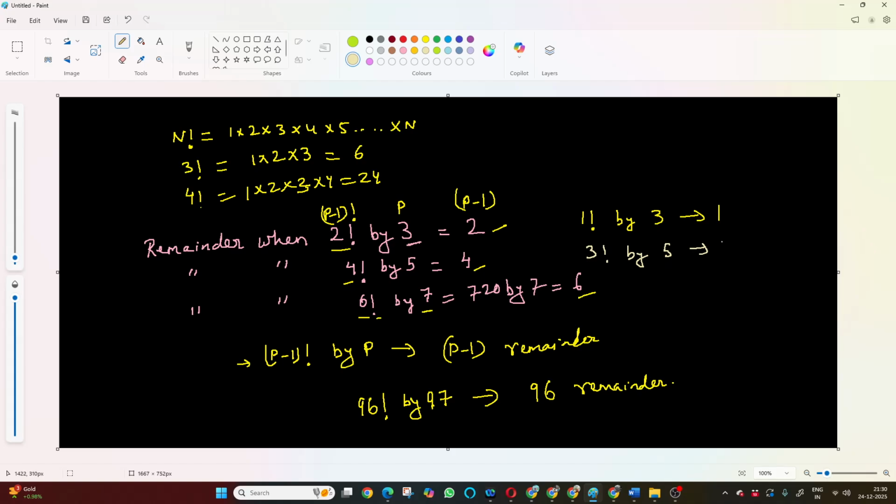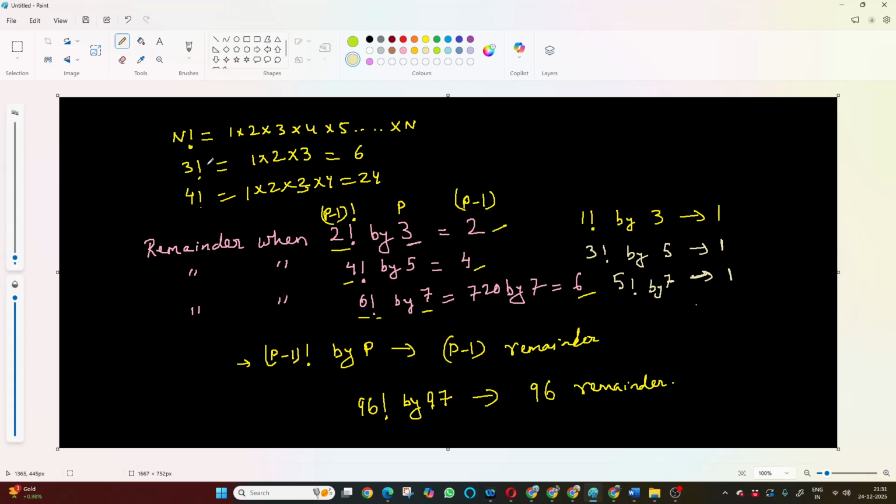So 6 by 5, remainder would still be 1. If I had taken, instead of 6 factorial, 5 factorial divided by 7, now 5 factorial is 120, and 119 is divisible by 7, so the remainder will again be 1.